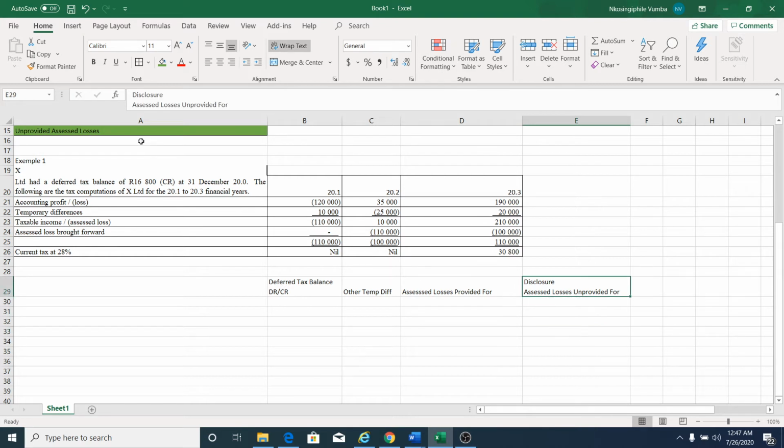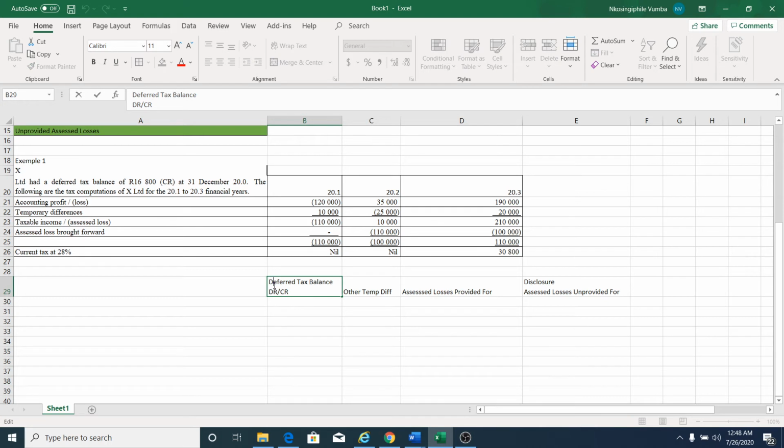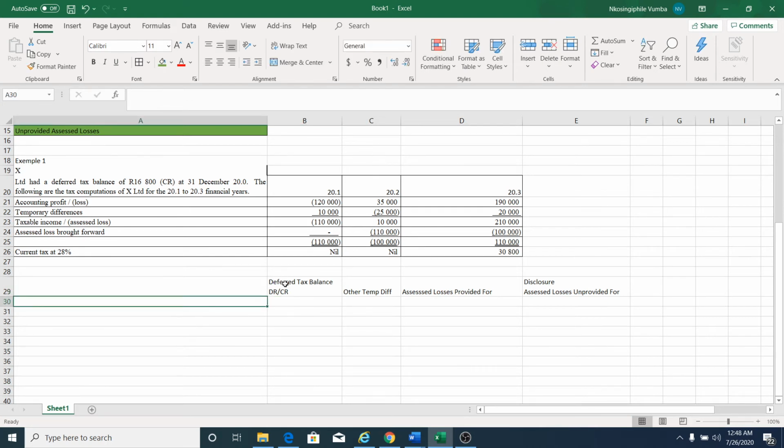As you see here, the unprovided assessed loss is part of your rate reconciliation. Here the year-end balance is the balance that you're going to recognize in your balance sheet, and the movements of this give rise to your deferred tax expense or deferred tax income, whatever it is. One other thing to note: this is equal to this plus this. Just remember, this is equal to this plus this.